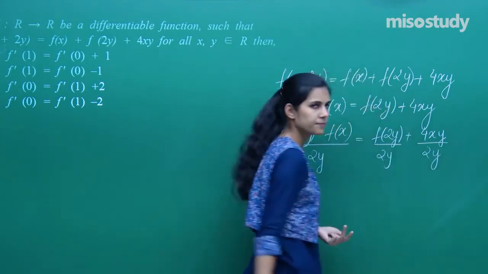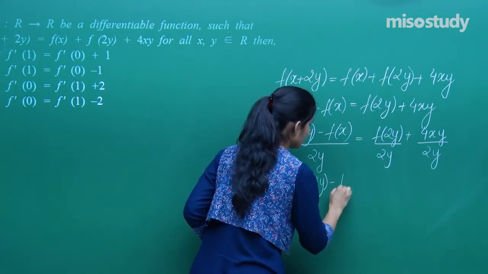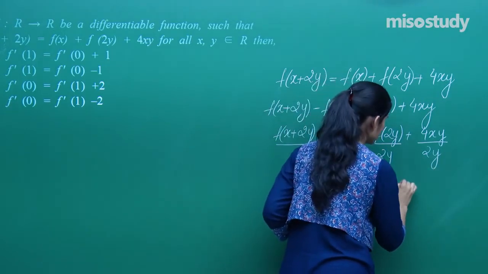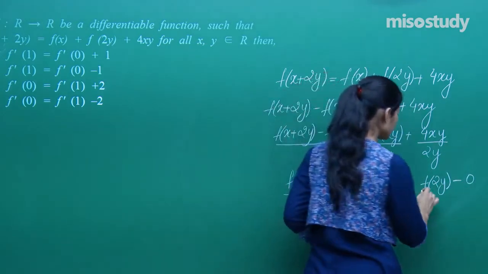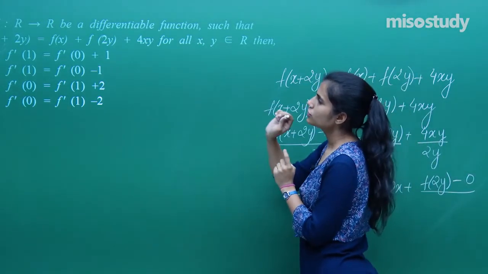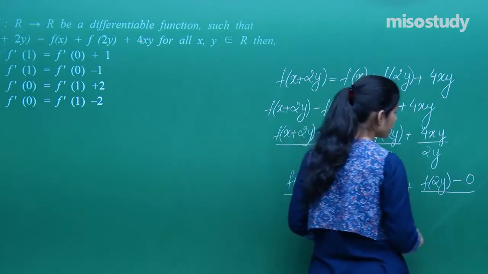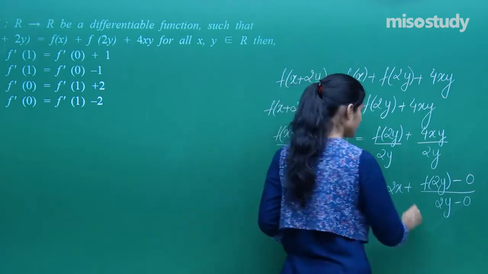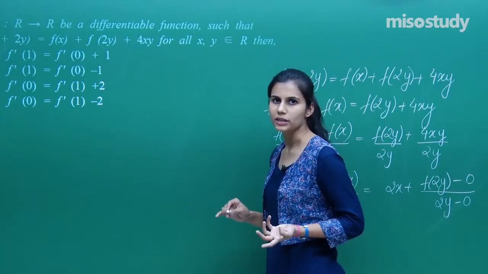So this gives you f of x plus 2y minus fx whole upon 2y equals 2x plus f of 2y minus 0 upon 2y minus 0. I can write that because if you put x and y both to be 0, you basically get the answer to be equal to 0 itself.